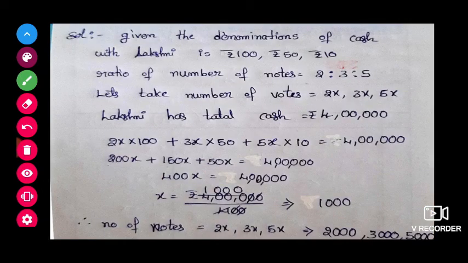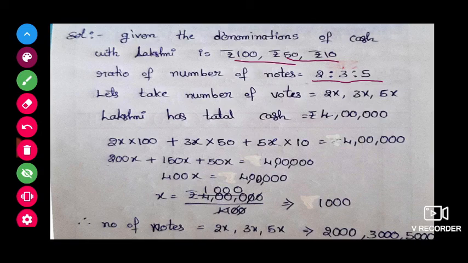First, children, the denominations of cash with Lakshmi are 100 rupees, 50 rupees and 10 rupees. And they have given the ratio 2:3:5. I already told you, if we have some ratio and want to convert it into actual numbers, we have to multiply with some number.